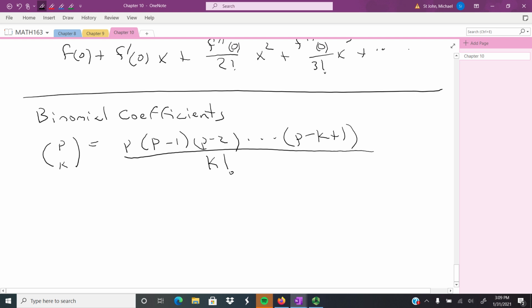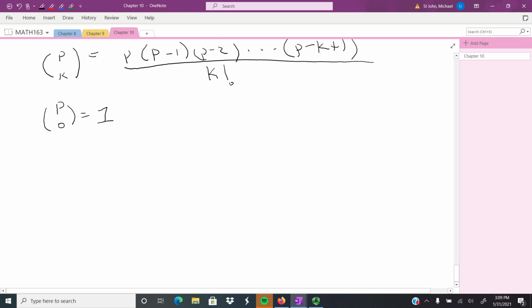And then (p choose 0) is going to be 1. So we want to know what the coefficients are for something like this.